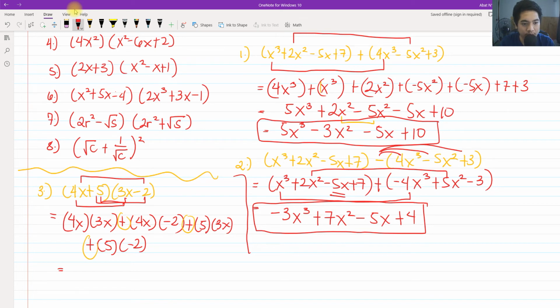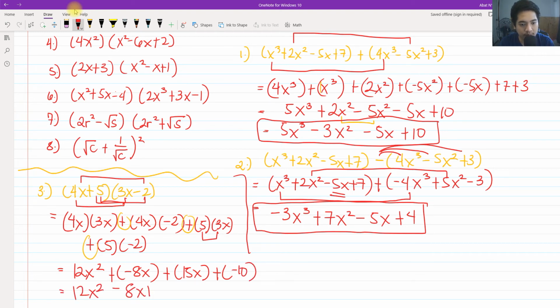So 4x times 3x would be 12x squared. 4 times 3 is 12, x times x is x squared. So plus, we have 4x times negative 2, that's negative 8x. Plus 3x times 5, that's 15x. And then positive 5 times negative 2, that's negative 10. So our answer would be 12x squared minus 8x plus 15x minus 10.